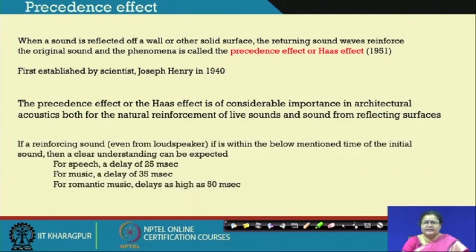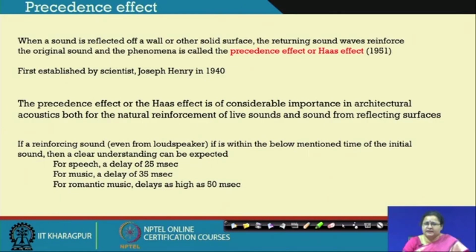As I already mentioned, for speech we are only going to take the reflected sound which comes within 25 milliseconds, and that will reinforce the source sound, and you can get a higher intelligibility.